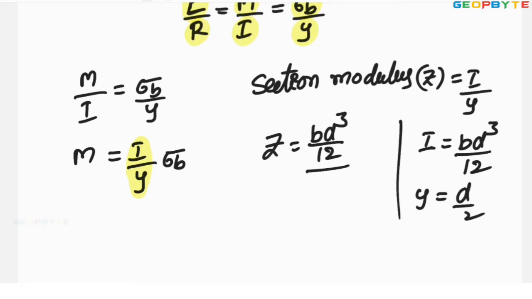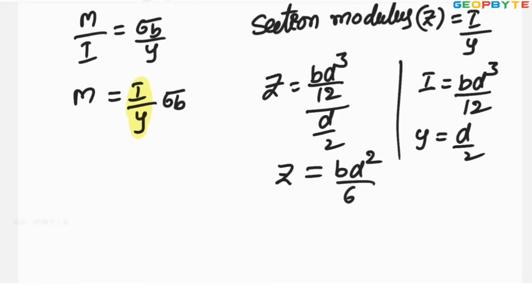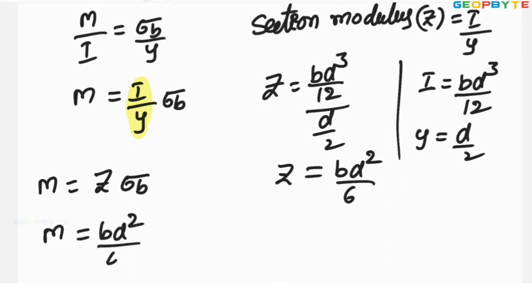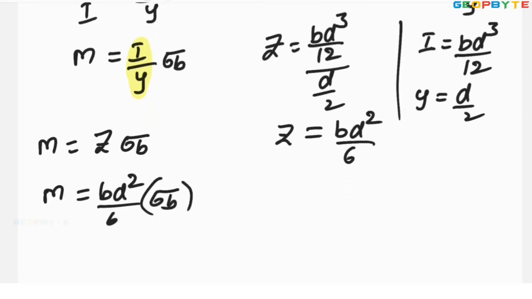You put that value Y equal to D by 2. Finally, it is BD square by 6. That is the Z value. So bending moment M equal to I by Y, I can write as Z into sigma B. M equal to BD square by 6 multiplied by sigma B, that is bending stress.